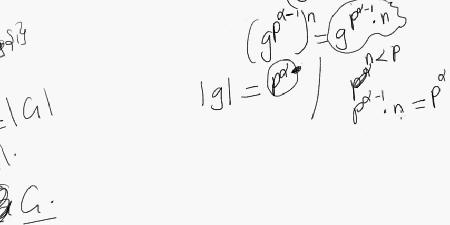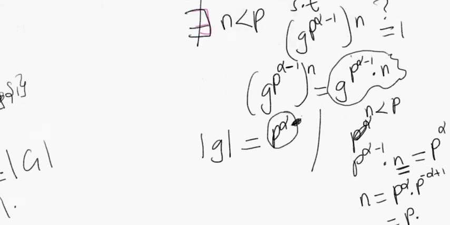But how many n exist such that p to the alpha minus 1 times n equals p to the alpha? Isn't there just one n that does that? So can we say that n has to be p to the alpha times p to the minus alpha plus 1? But what does that give us? Doesn't that just give us p?